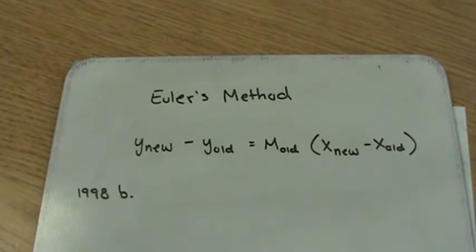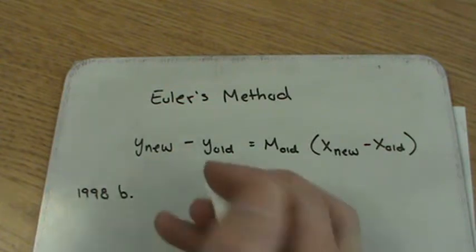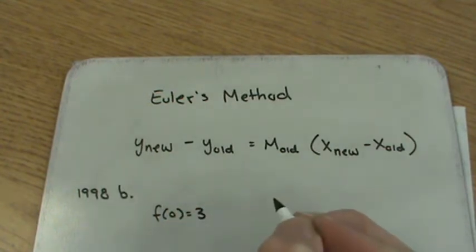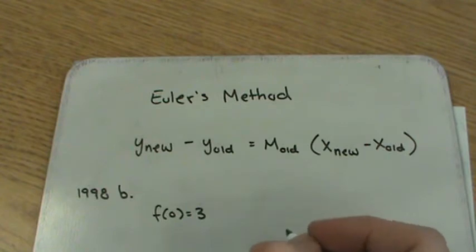It says, let y equal f of x be a particular solution to the given differential equation with the initial condition f of 0 equals 3. So they give us an initial condition of f of 0 equals 3. They say use Euler's method starting at x equals 0 with a step size of 0.1.